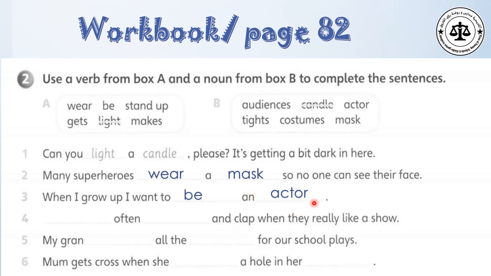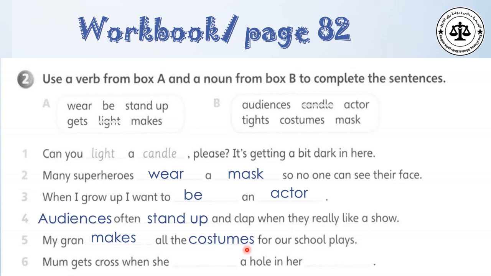Number 3, when I grow up, عندما أكبر, I want to be an actor, أصبح ممثل. Okay, actor. Number 4, audiences, الجماهير, often stand up and clap, يقفوا ويسقفوا, when they really like a show, عندما يحبوا the show, العرض. Number 5, my grandma makes all the costumes.